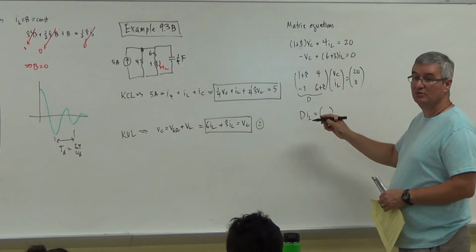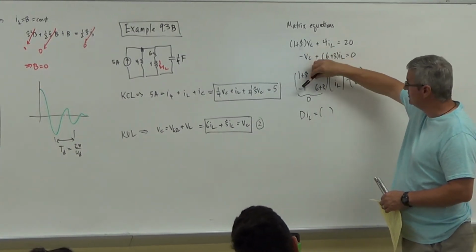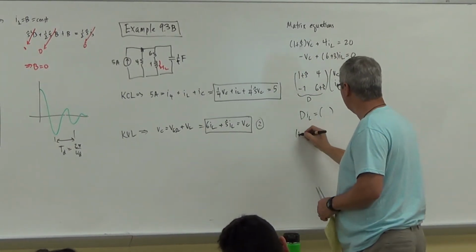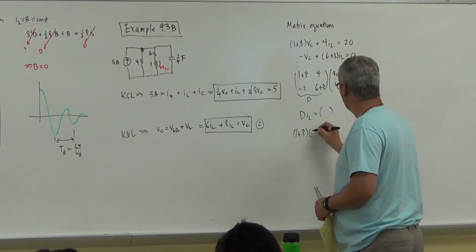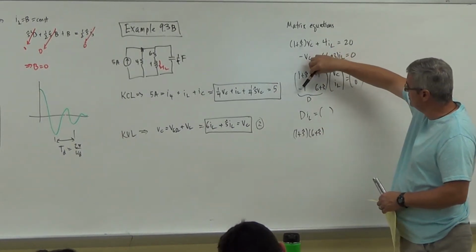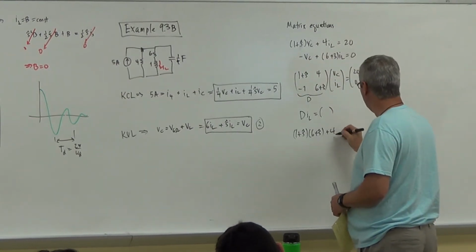Okay? I'm going to do it right in one step. So then I multiply these two together, and then I subtract these two together. So if I multiply these two together, I'm going to get 1 plus S hat, 6 plus S hat. And then I do this, so this is going to give me minus minus, which gives me plus 4.